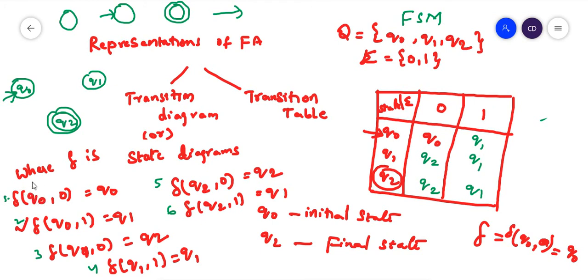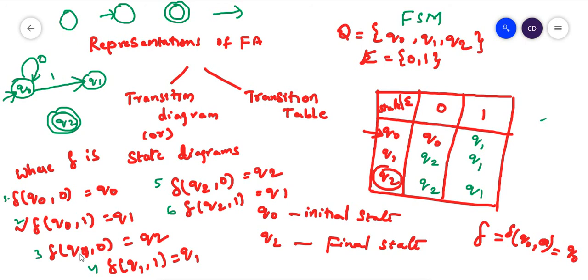So I'll start with my initial state and read an input symbol 0, and I'll be in the same state. So now you can represent it like this. I'm reading an input symbol 0 and I'll be in the same state. By taking input 1 from Q0, I can move from Q0 to Q1. So now simply you can draw a directed edge from Q0 to Q1 with input 1.